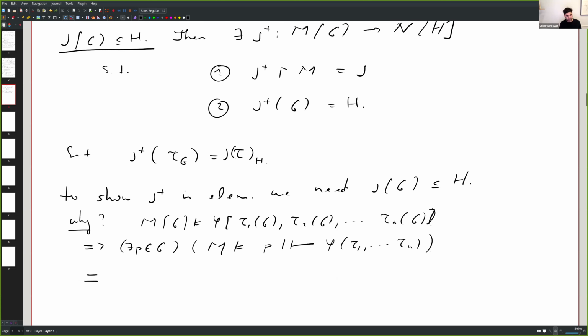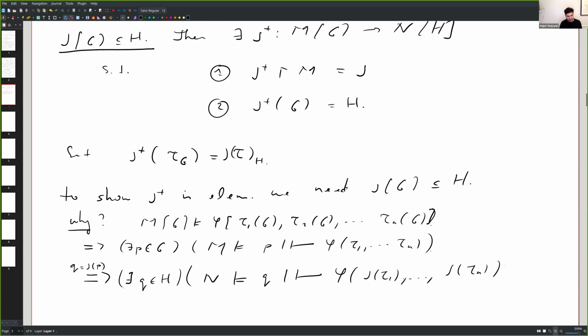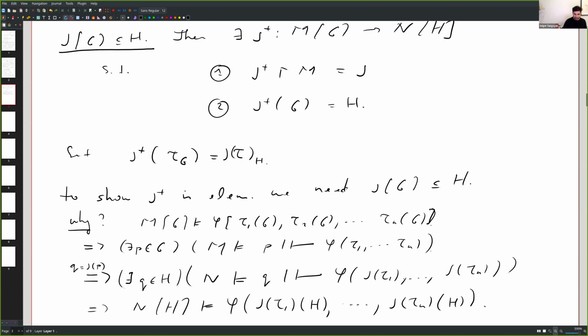So there exists q in H, namely j(p), such that q forces phi(j(tau_1), ..., j(tau_n)). By the forcing theorem, that means that N[H] satisfies phi(j(tau_1)^H, ..., j(tau_n)^H). That's exactly what we want. This proves elementarity.